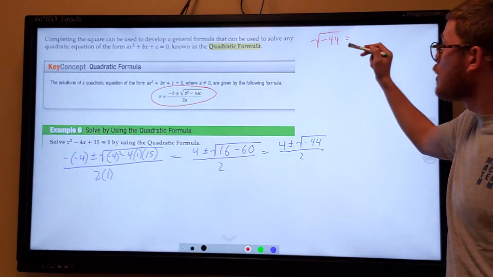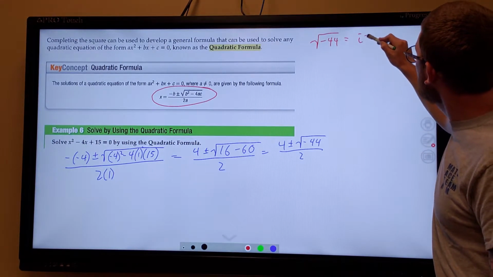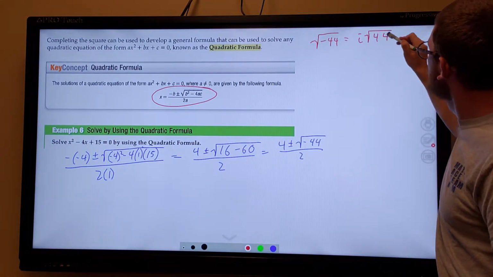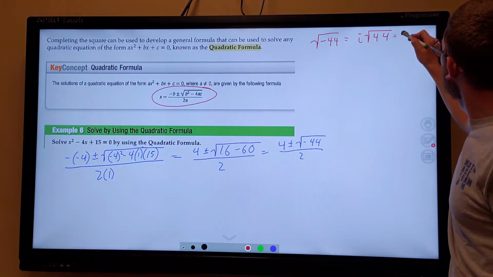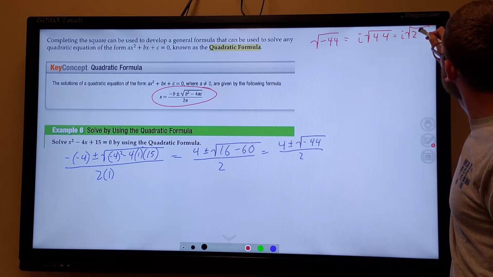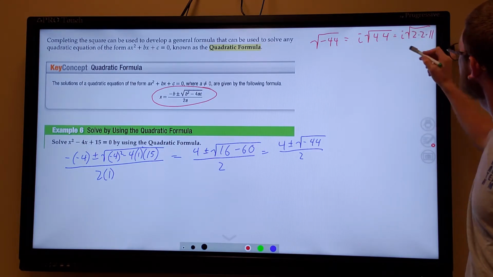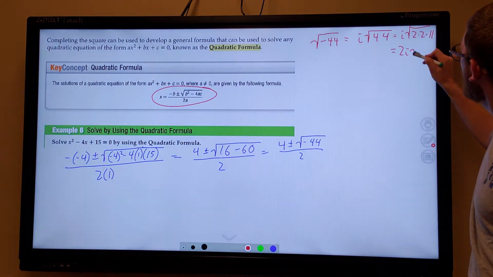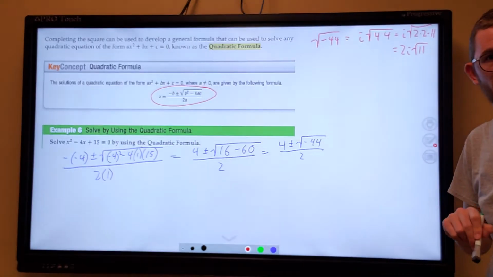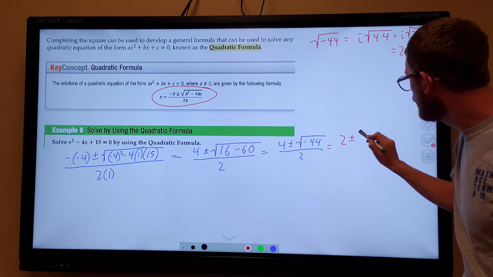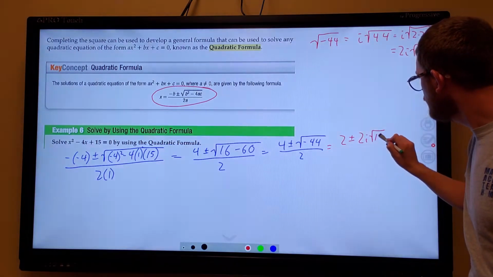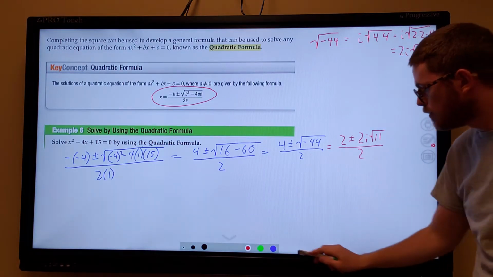First, we know the square root of a negative is i, so this is i times the square root of 44. 44 does break down to be 4 times 11, so this is 2i square root of 11. So we have 4 plus and minus 2i root 11, all over 2.